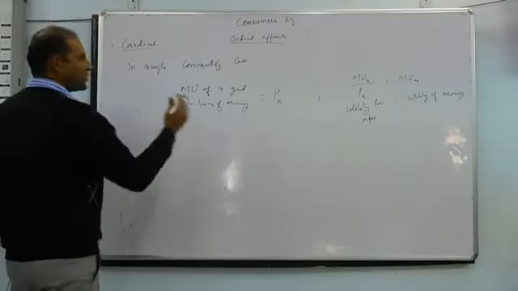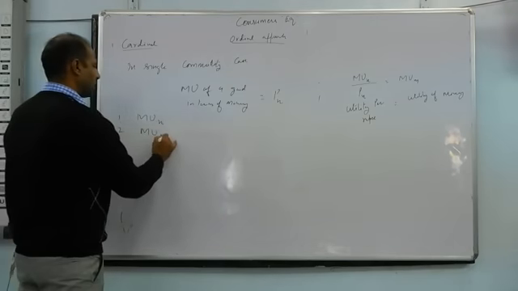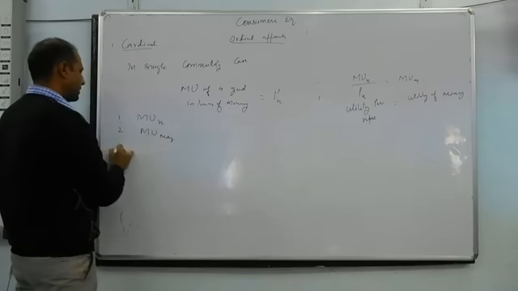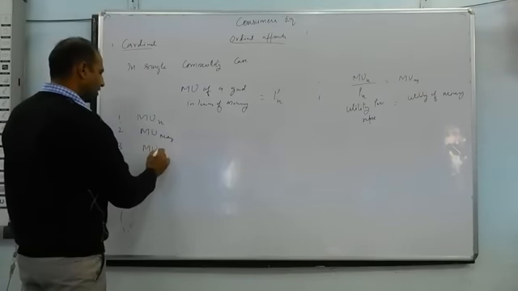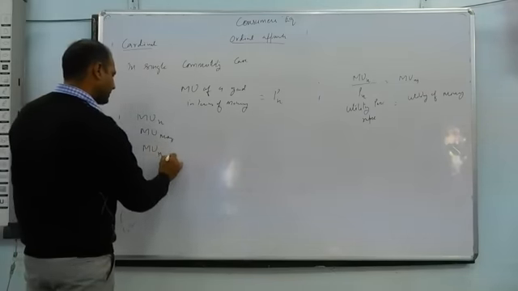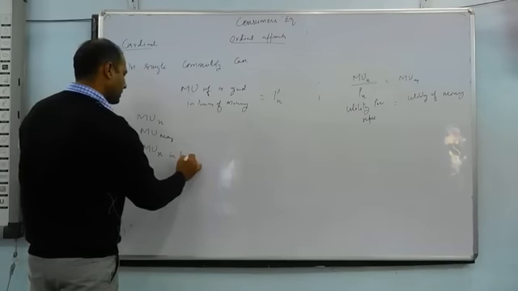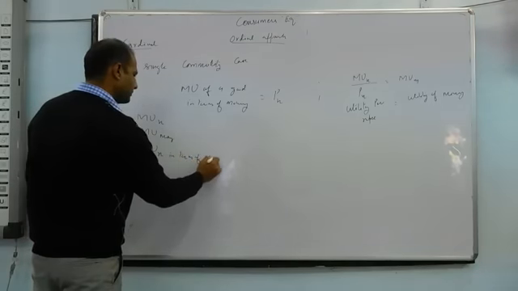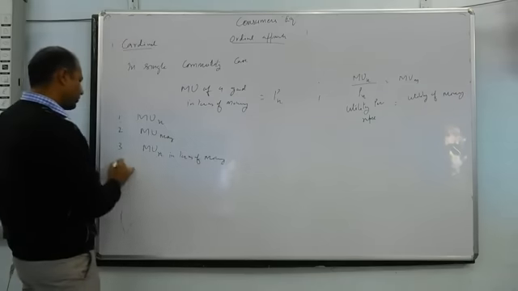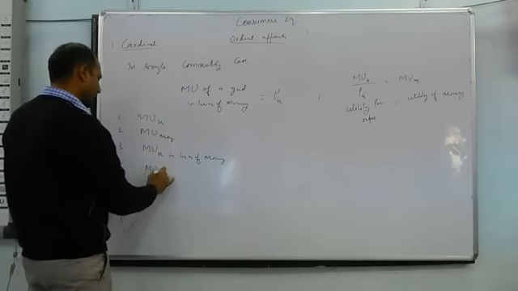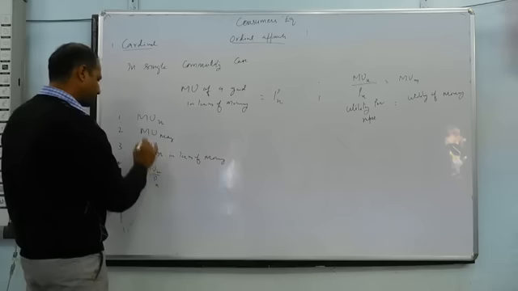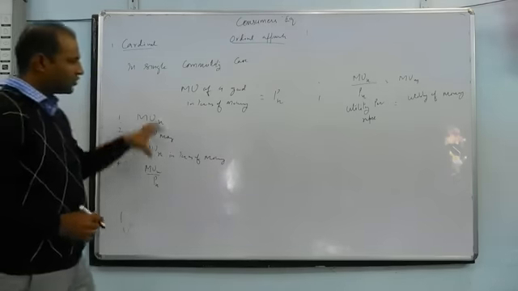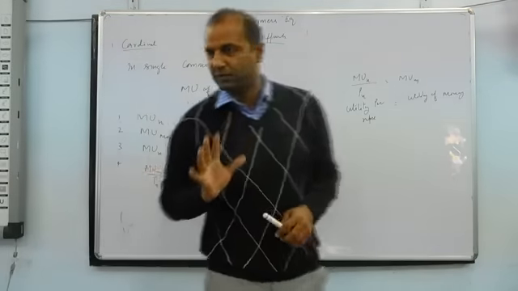We have to understand some topics now to understand this utility analysis. One is marginal utility of a good. The second one is marginal utility of money. Third is marginal utility of good X in terms of money. And the fourth one is MUx upon Px. We need to understand these four things.